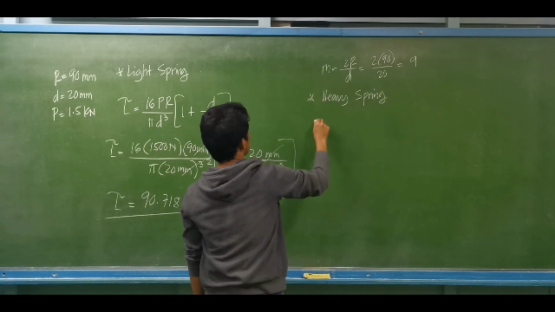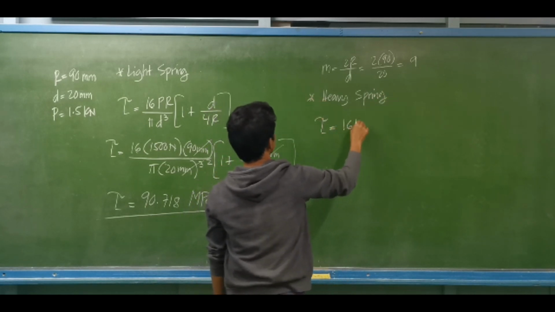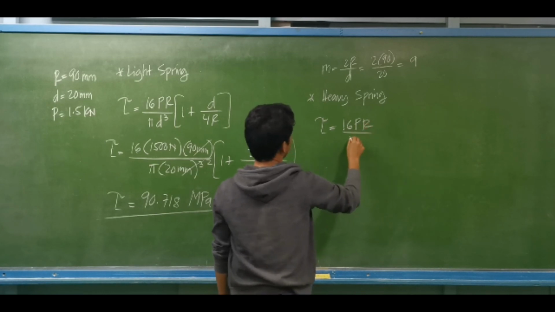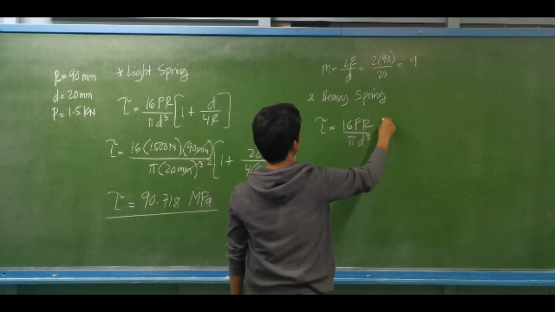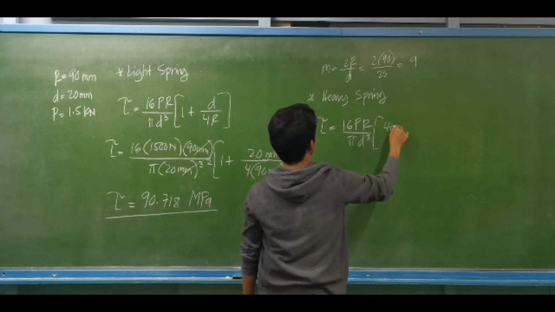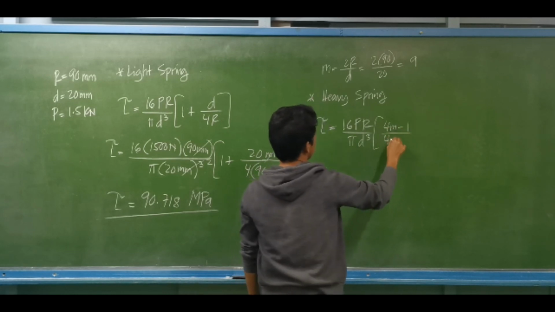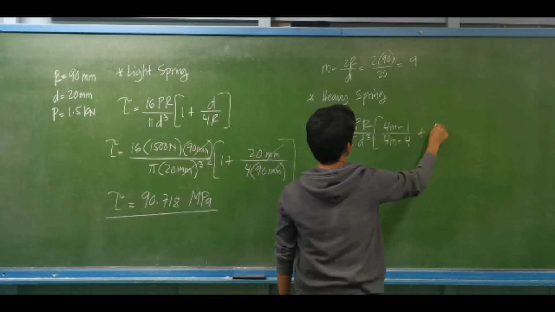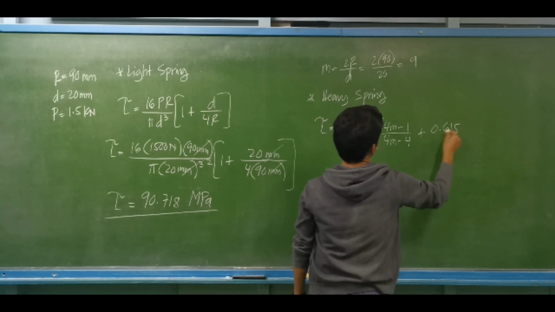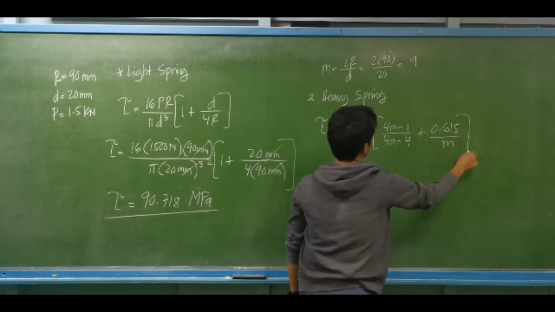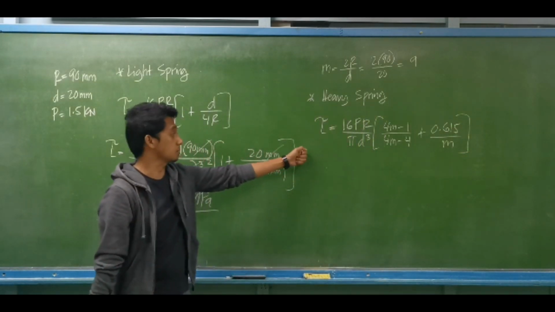We have the shearing stress equal to 16 times the load, the radius, divided by pi, the diameter raised to 3, multiplied by 4 times m minus 1, divided by 4 times m minus 4, plus 0.615 divided by the value of m. So let us substitute.